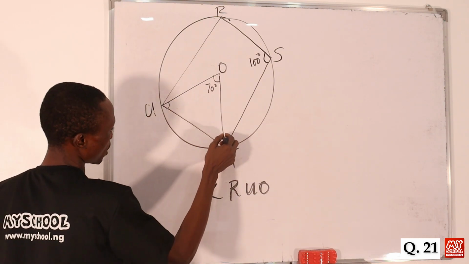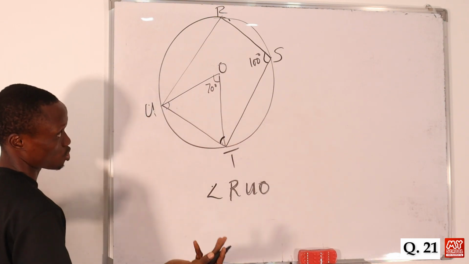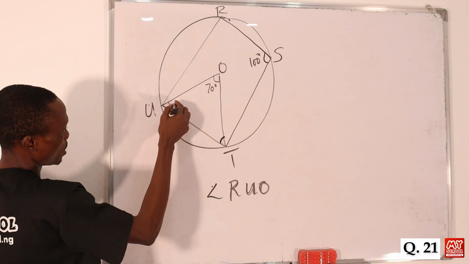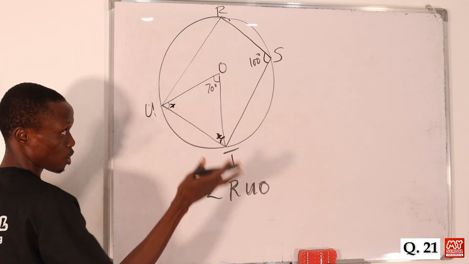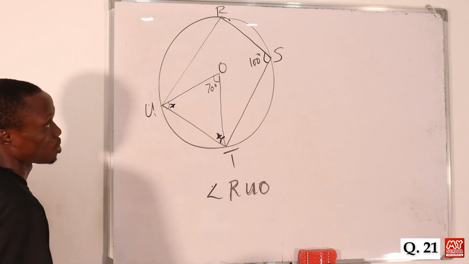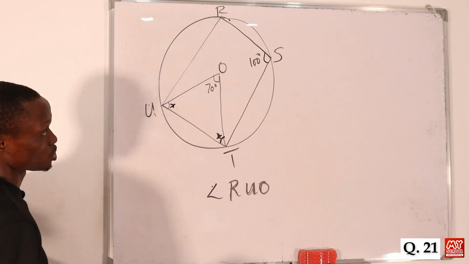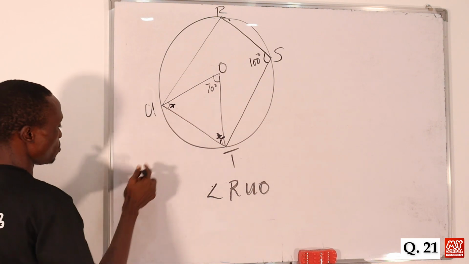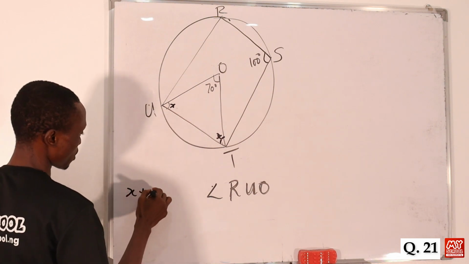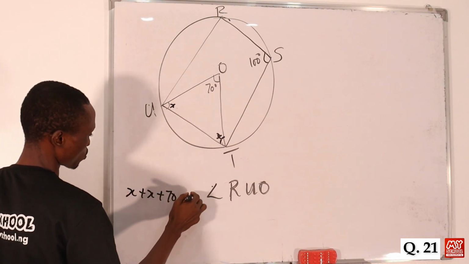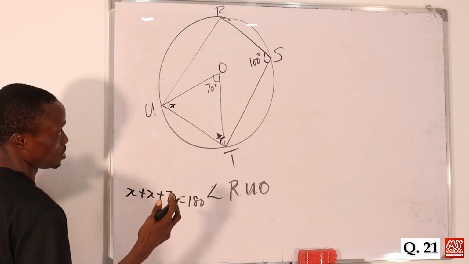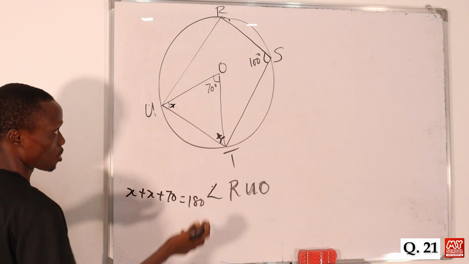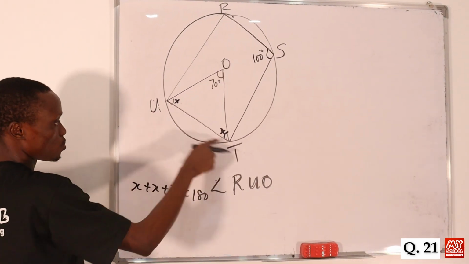Remember that the base angles of an isosceles triangle are equal. So let's just call them X and X. Remember that the sum of angles in a triangle, irrespective of the type of triangle, is equal to 180 degrees. So here we'll have X plus X plus 70 is equal to 180 degrees, sum of angles in a triangle, and the triangle is OUT.